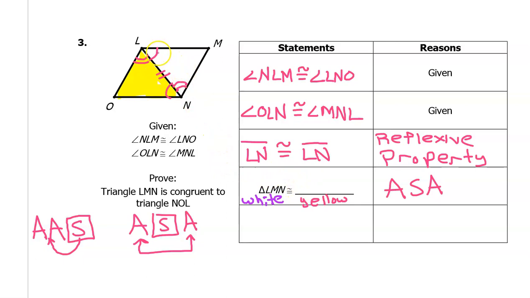The white angle L is going to correspond with the yellow angle N. So that's why I'm going to put N first. Next, we're talking about angle M. The white angle M is going to correspond with the yellow angle O. Those are both marked, so I already know.